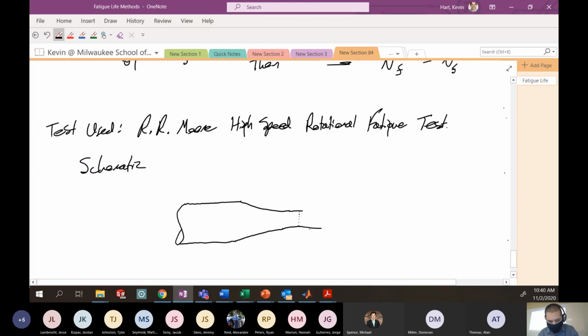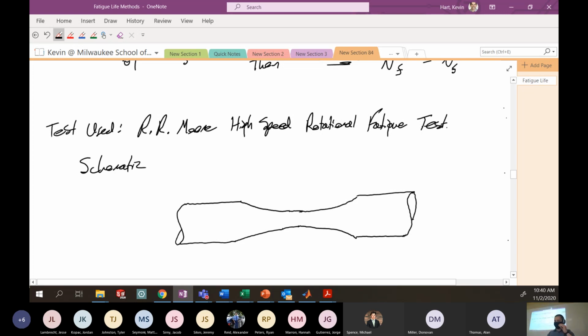And then it comes back out, and it's sort of the same on the opposite side. Terrible line here. Okay, here's the general schematic of what this thing looks like.